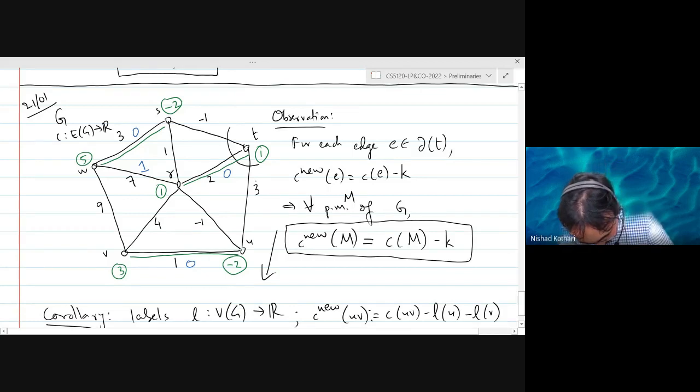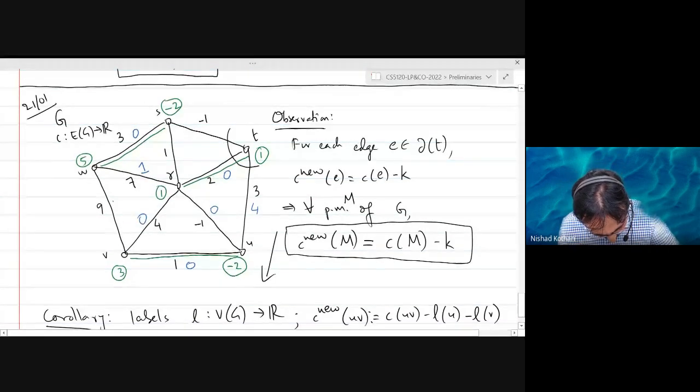And let's look at the other ones. This one is 3 minus 1, 2, 2 minus minus 2, 4. Let me know if I make any mistake. It's 2 and 0. And this one here is 0 as well. And this is 9 minus 8, 1.